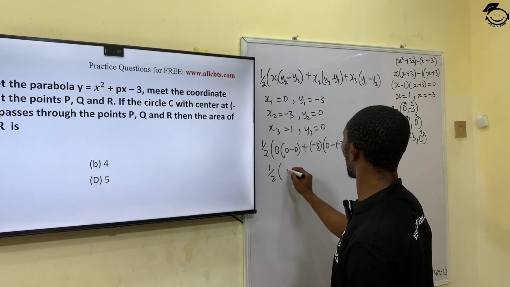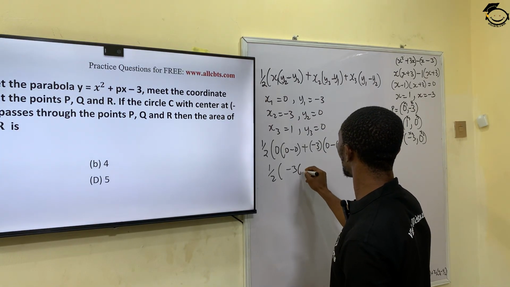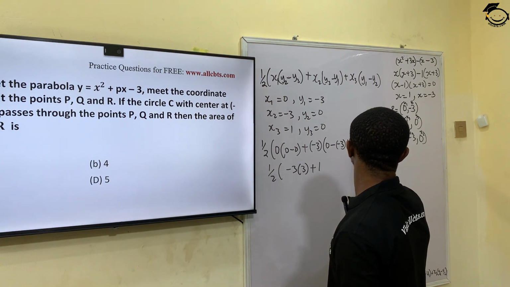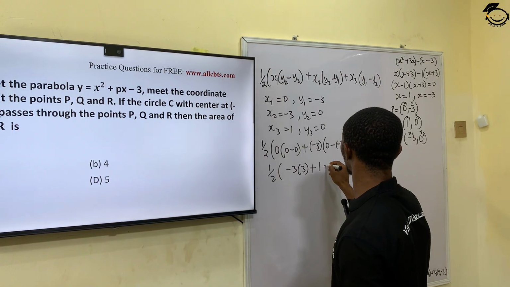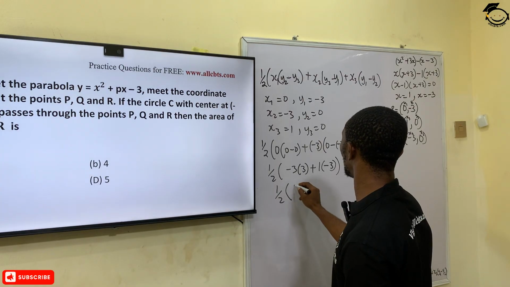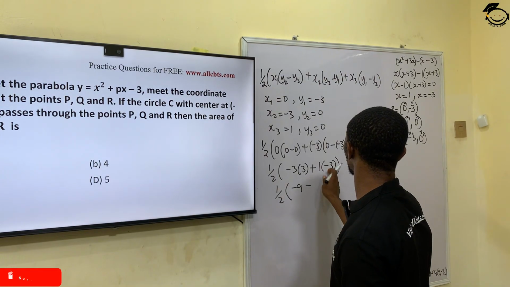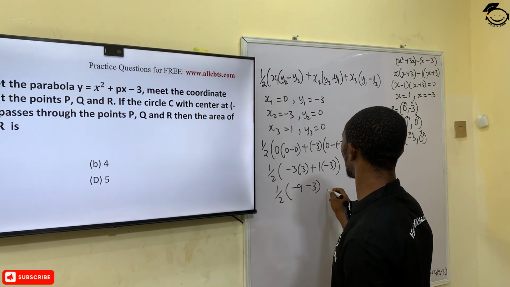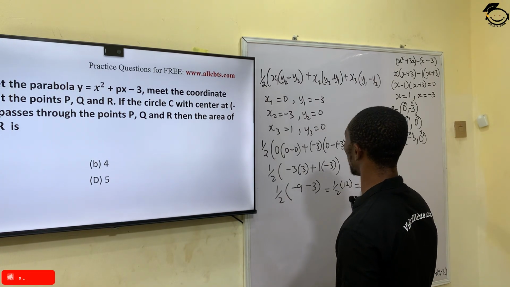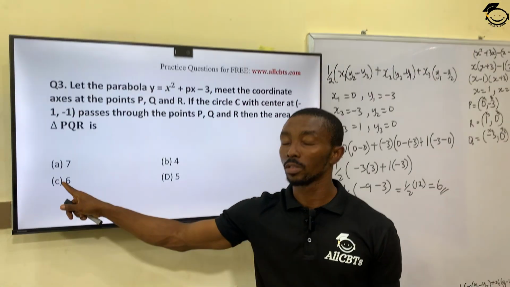So this will be minus 3 times 0 plus 3, which is 3 times 3, plus 1 times minus 3 minus 0, which will give us minus 3. So we are having this as half bracket open 9 minus 3. So this gives us half bracket 6... okay, half of 12 will give us 6. So our answer would be 6.